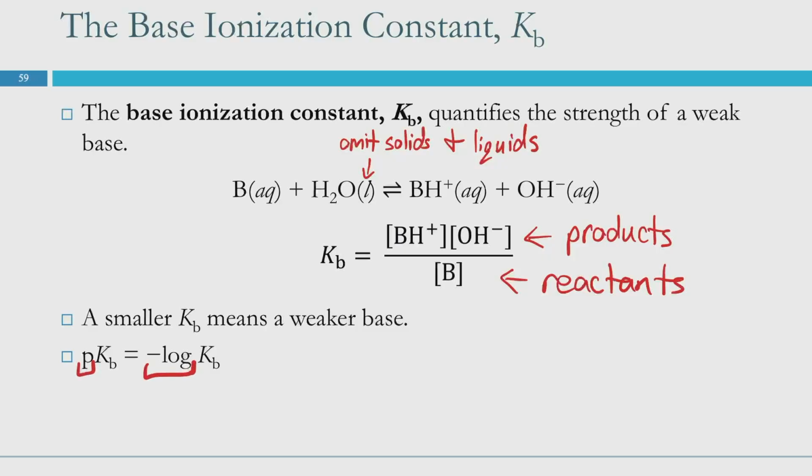So negative log of the base ionization constant gives us the pKb. We can do a similar thing for weak acids. I don't know why it wasn't in the slides, but pKa is negative log of Ka.